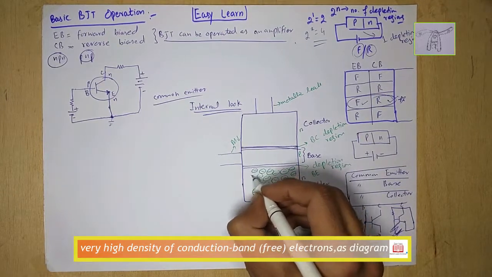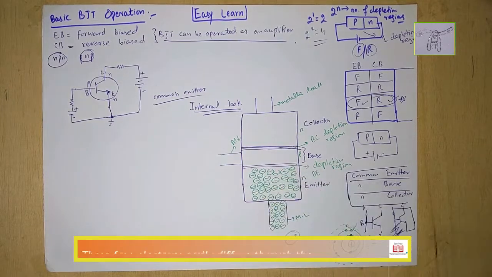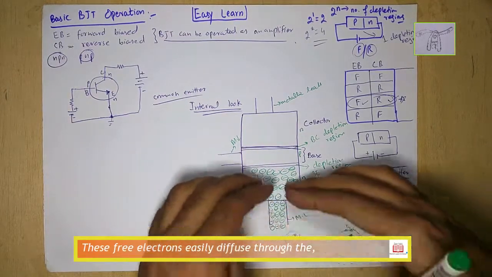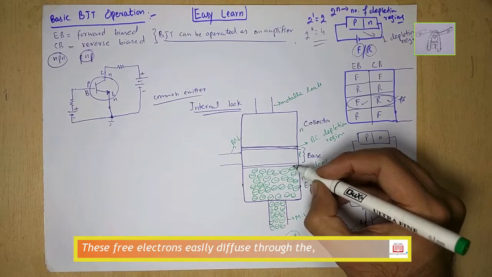Remember, once again I'm repeating, these are all conduction band electrons. This is a push of the electrons from this side. This is a forward bias.